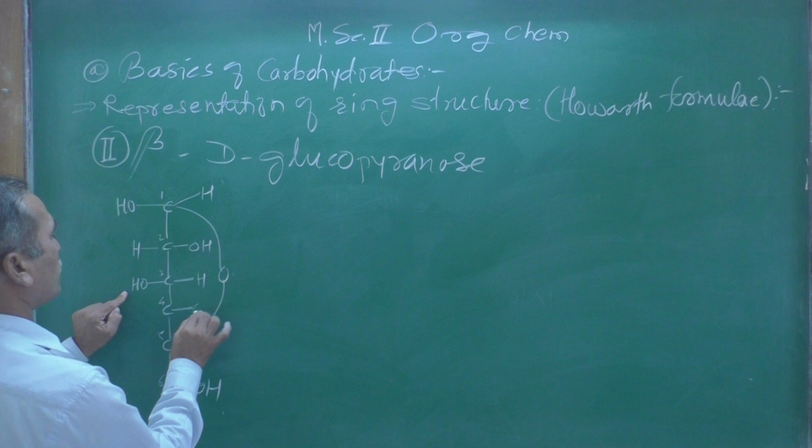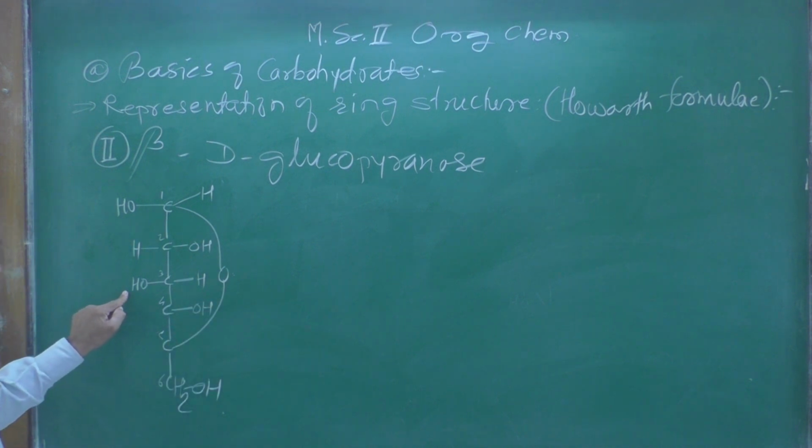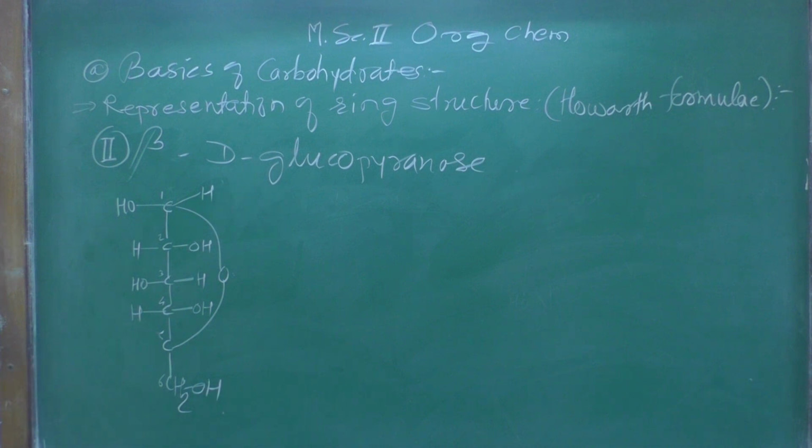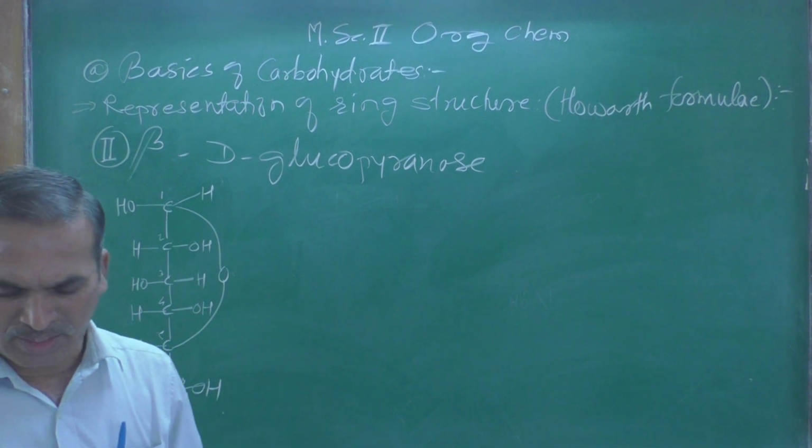At carbon number 4, the hydroxy group is on the right hand side, whereas the hydrogen atom is on the left hand side. So this is the representation of this beta side.